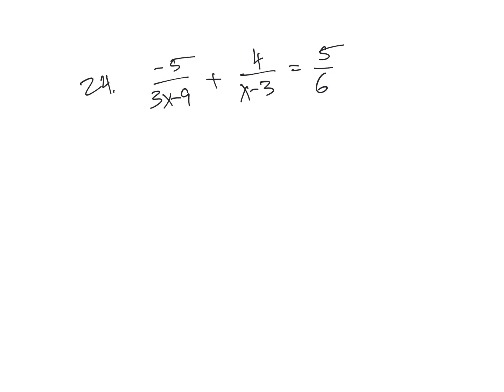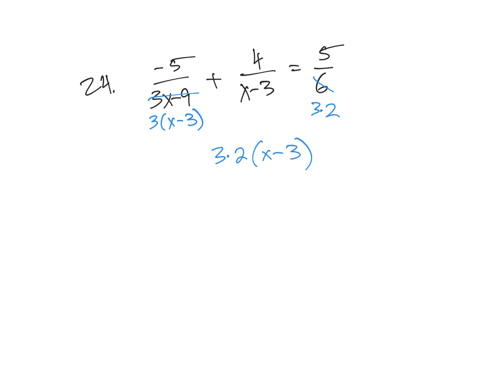So I look at this left one here, and I have an x minus 3 times 3. That's what that simplifies to. So what are my factors? So on the far right side, that's a 3 and a 2. So my common denominator is 3, 2, and x minus 3.